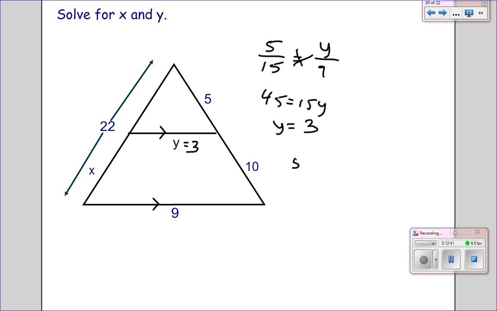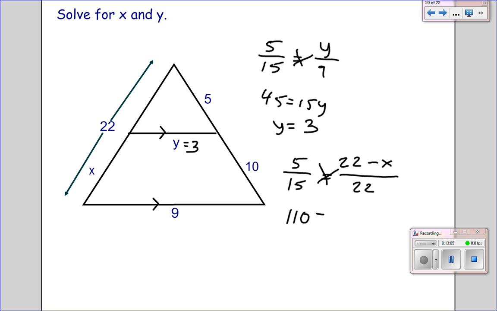Once again, we can stay with the 5 over 15. That's not a problem. Equals, well, we don't know this little piece here, but we do know the whole thing's 22, and this piece is x. So we could call this piece right here 22 minus x. So if we subtract x, we get what's up here over the whole thing, which is 22. So cross multiply that.